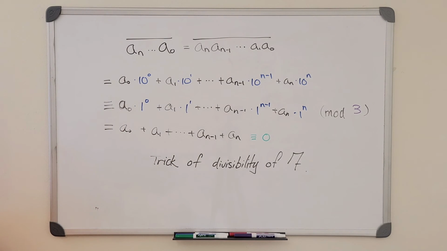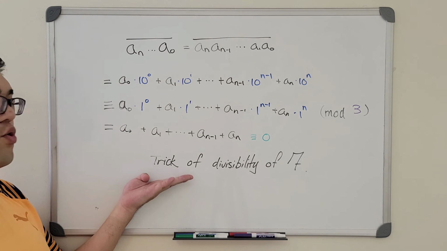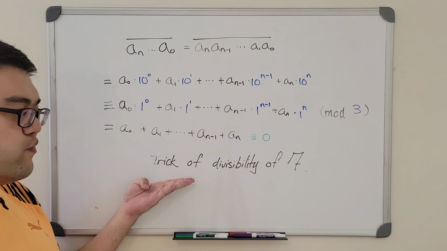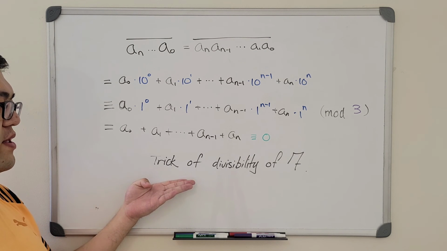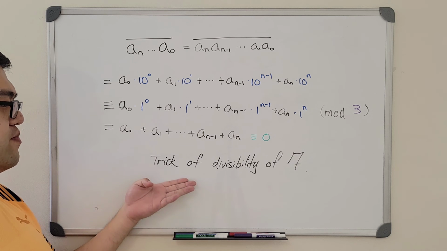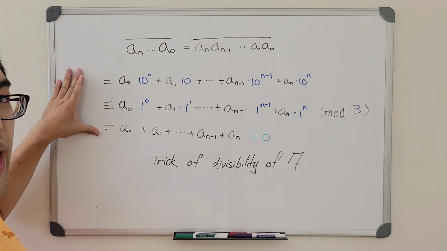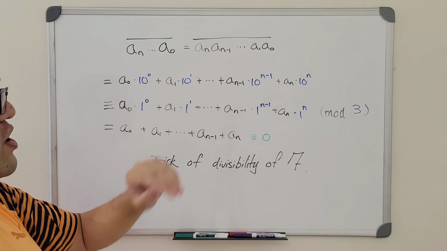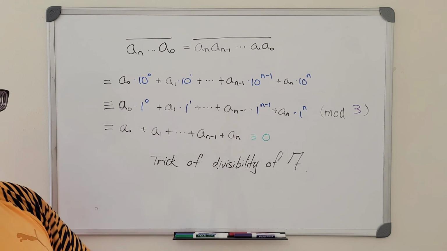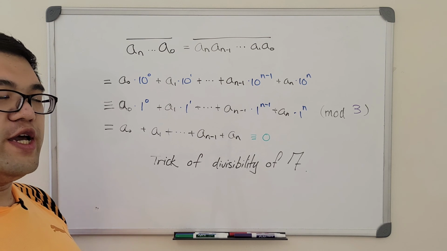Of course, just knowing the trick is good, but it will be even better if you can understand or explain why the trick works, just like how we explained why the trick of adding the digits works for checking divisibility of 3 and 9.